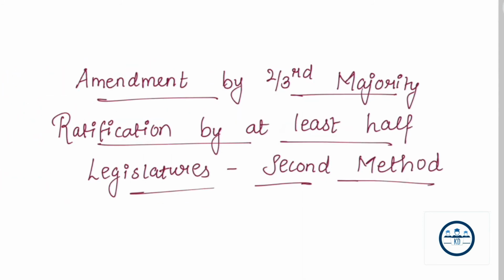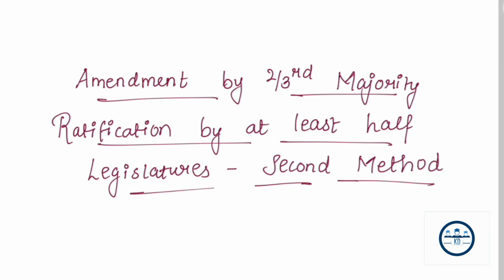Next is amendment by two-thirds majority plus ratification by at least half of the state legislatures, that is the second method. In respect of some specified provisions of the Constitution, a very rigid method of amendment has been prescribed. In respect of these, the amendment making involves two stages. First, the amendment bill is to be passed by both houses of Union Parliament by a majority of total membership and two-thirds majority of members present and voting in each house.